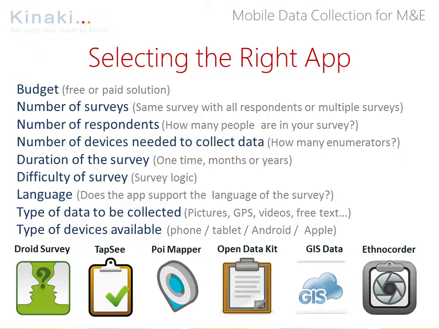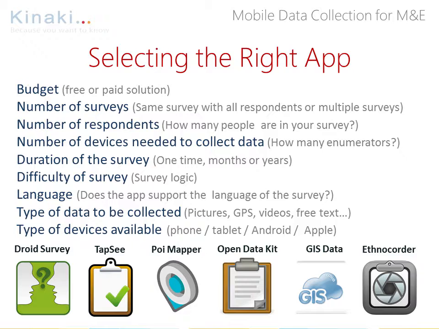Point Mapper is really interesting. It's done by Plan International, in partnership with some other NGOs. It has amazing tools, but it's pretty expensive. It's the data collection, data analysis, reporting tool all in one. Interesting tool. Sorry. These two are for Apple devices.